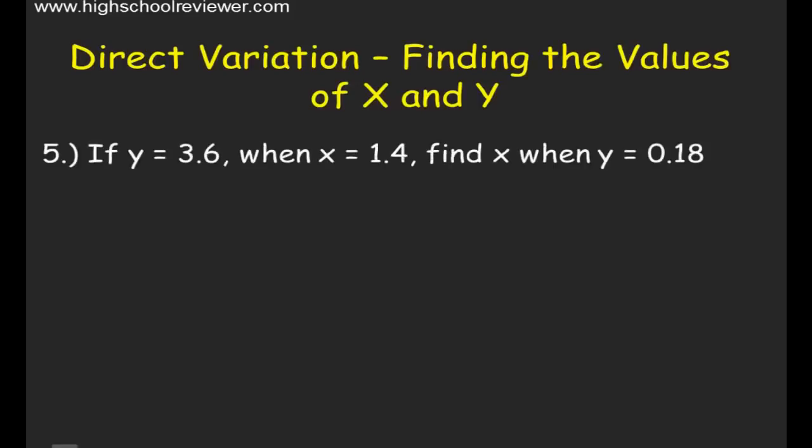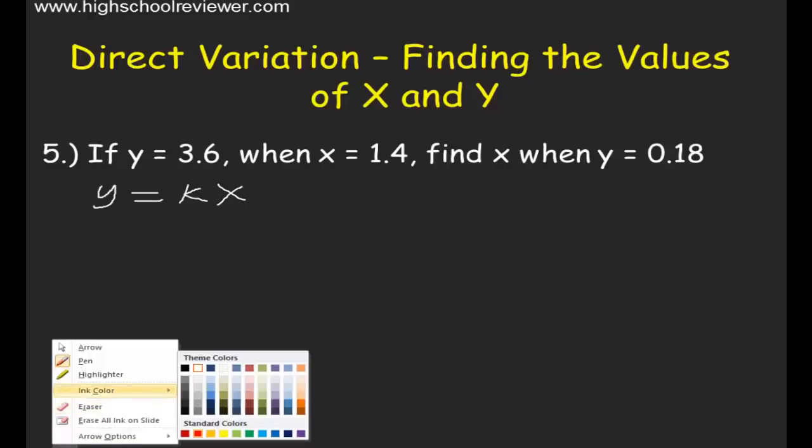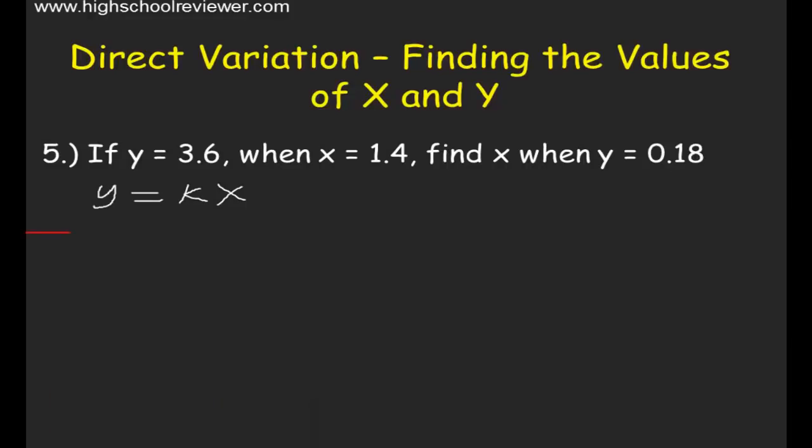Number 5. If y equals 3.6 when x is equal to 1.4, find x when y is equal to 0.18. Again, our equation is y is equal to k multiplied by x.